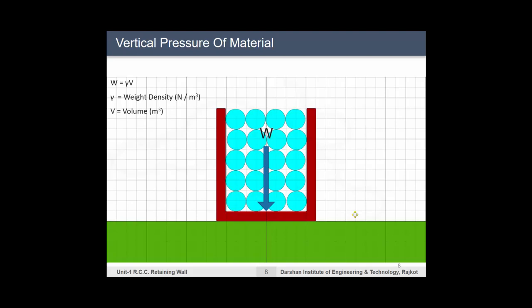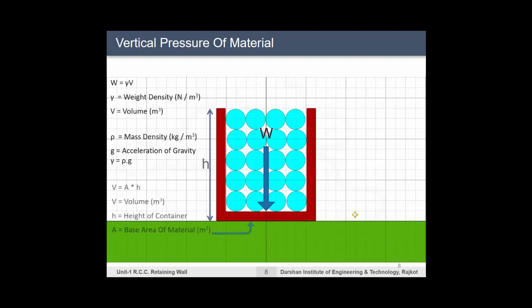In engineering, we often know the mass density rho of the material, and that quantity times g, the gravitational acceleration, gives the weight density. The next step is to determine the volume V of the material in the container. This can be easily found by multiplying the base area A by the container's filled height h.